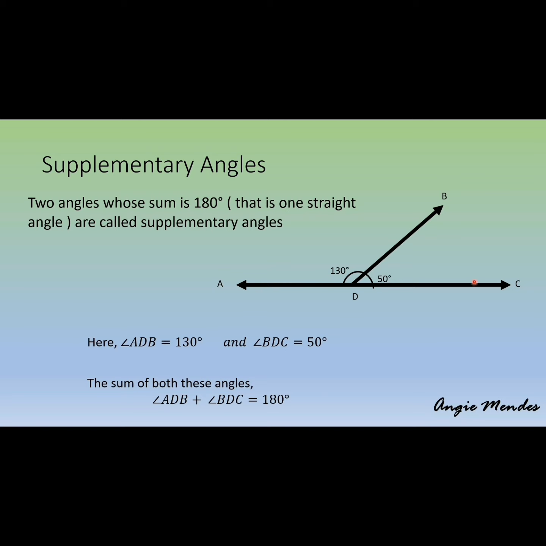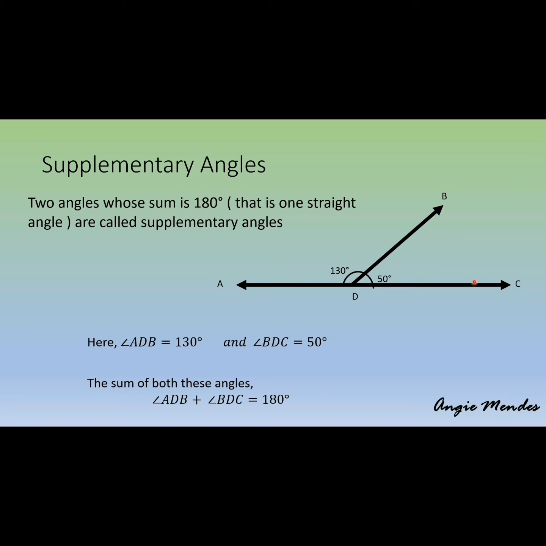We know that 180 degrees is an angle which is a straight angle. Now on this straight line, we have two angles which are shown here. So let us look at the measure of this angle, angle ADB. Angle ADB is 130 degrees and angle BDC is 50 degrees.